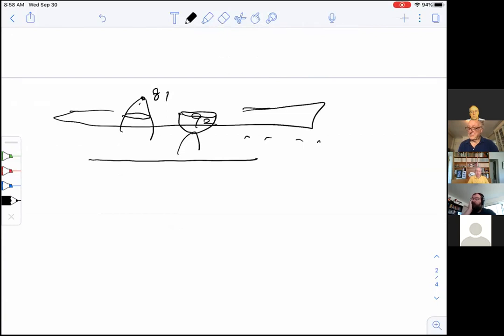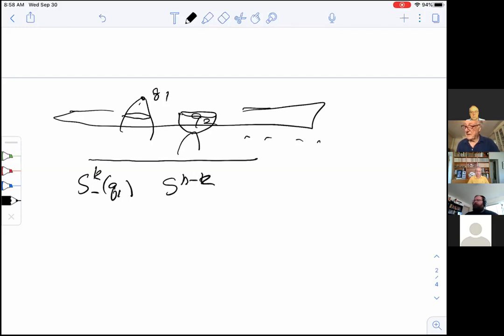So Q1 is a critical point of index k plus 1, so its descending sphere is a k sphere.